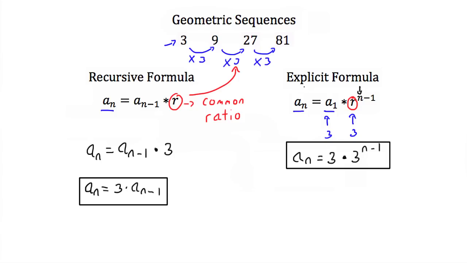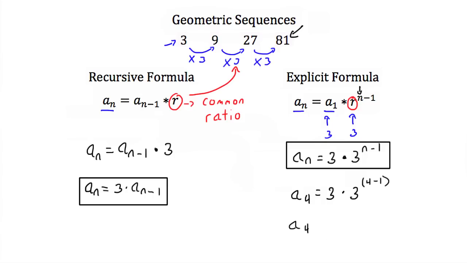So if that's our explicit formula, we can test this out. If we wanted to find the fourth term in our sequence, which we know is 81, that would be a sub 4 is equal to 3 times our common ratio, which again is 3, to the n minus 1 power. Well, we're looking for our fourth term, so n is 4, so this would be to the 4 minus 1 power.